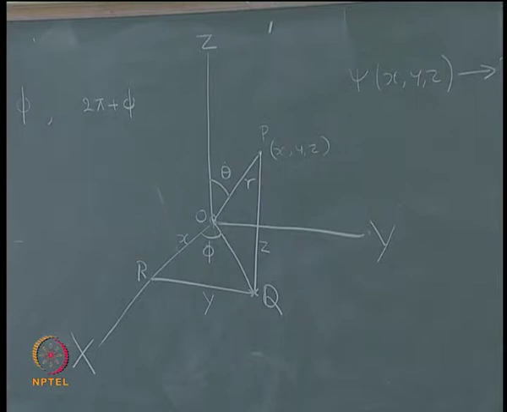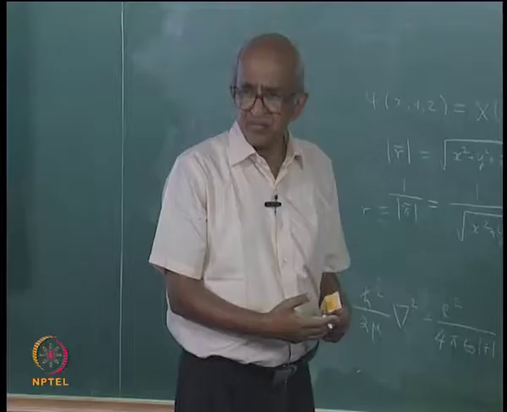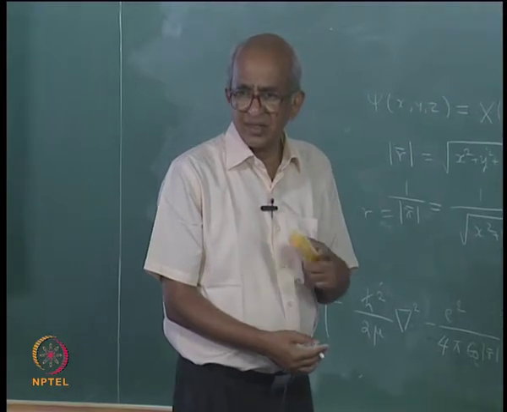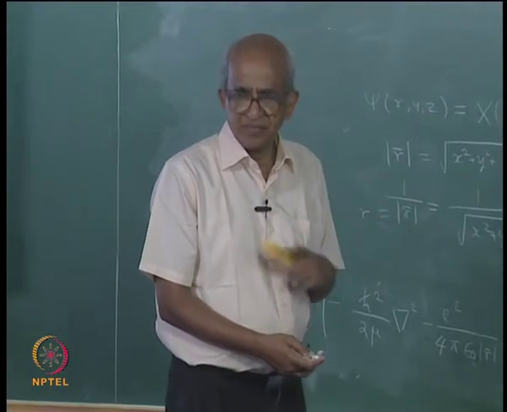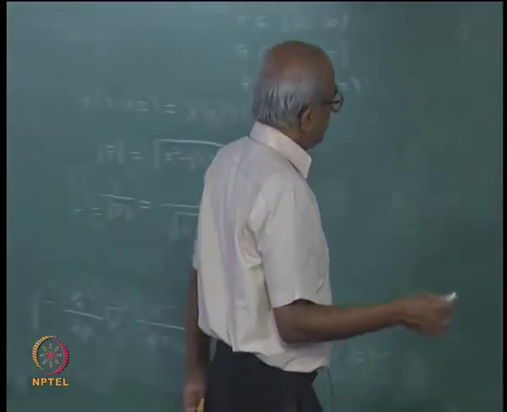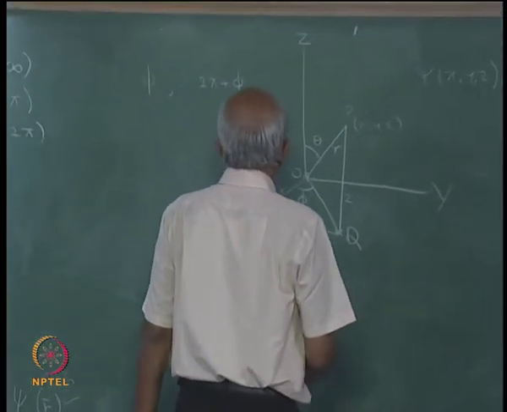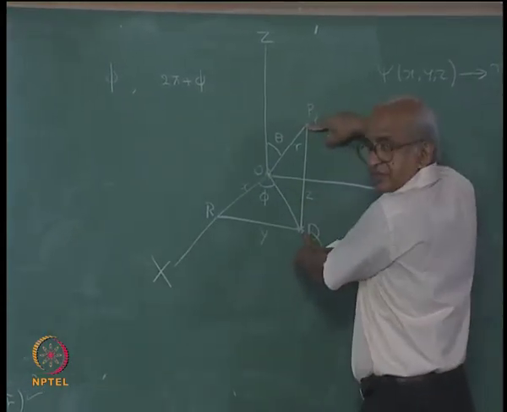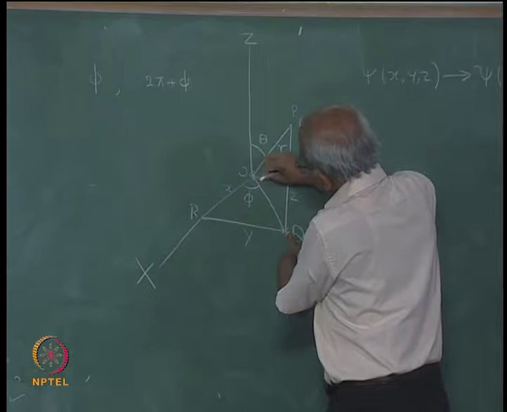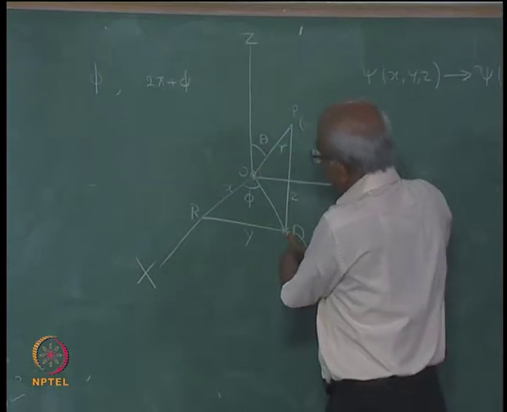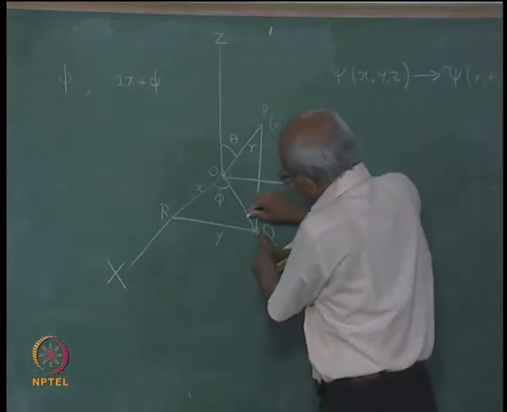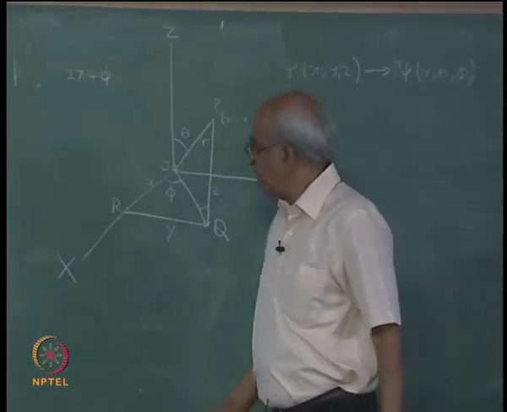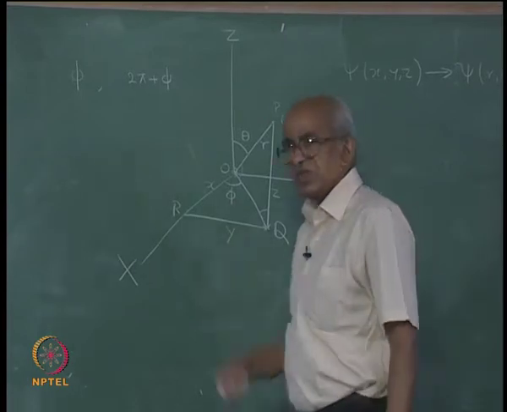So, it is actually a matter of simple trigonometry to find a relationship between x, y and z and r, theta, phi. So, just to illustrate, this is the coordinate z, and what is this angle? Well, you have to remember that PQ is myself.